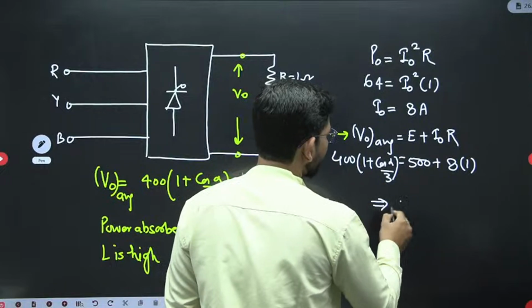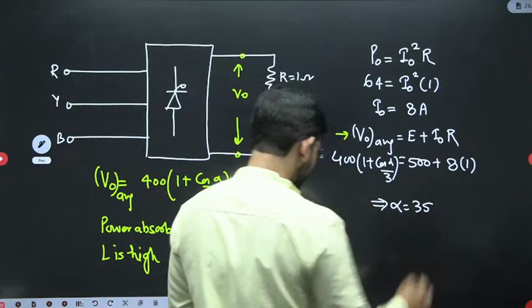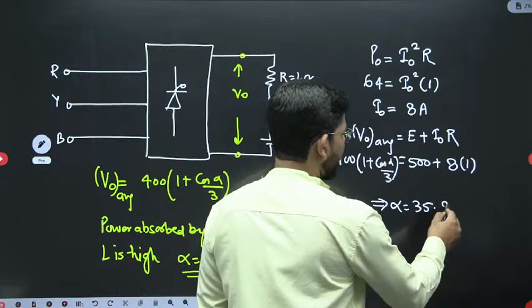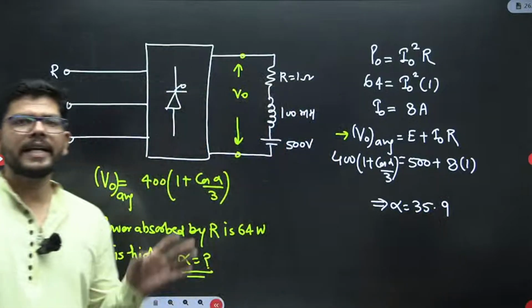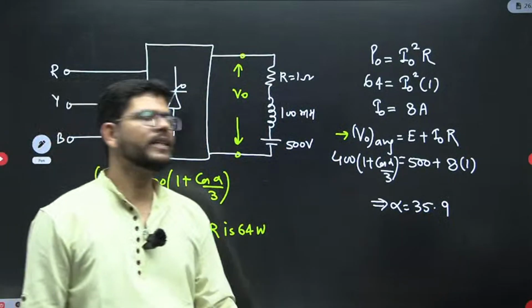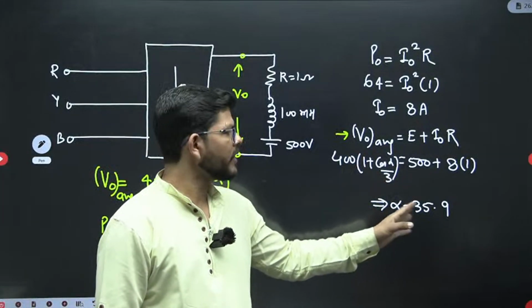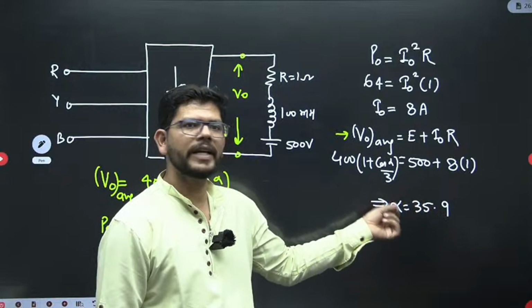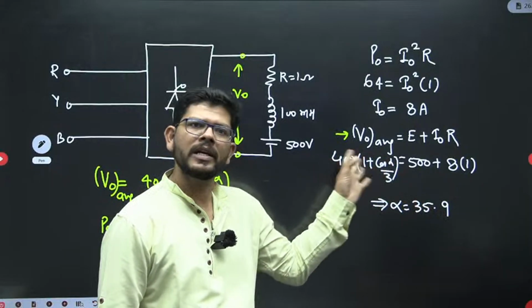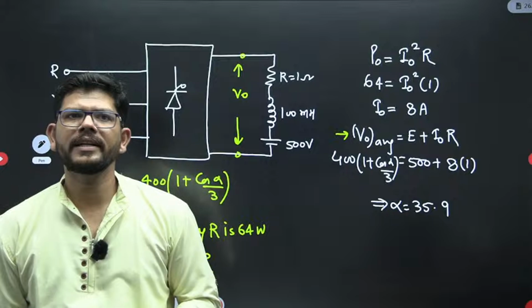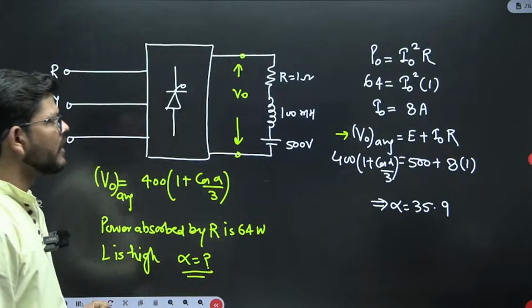When you solve it, you will get alpha value as 35.9. Instead of solving this equation, what I did in the exam was put the value of alpha as 35.9, which was option A, and immediately I got both sides equal, and that is how I got the right answer instead of calculating it.